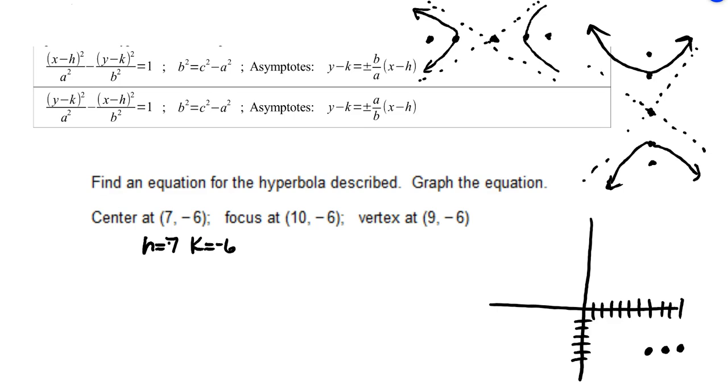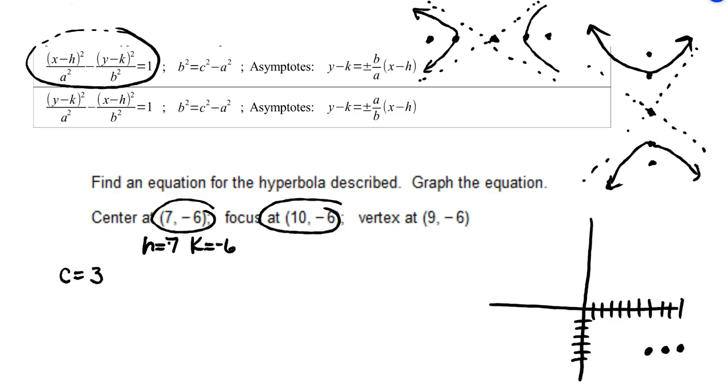So because our important features are lining up horizontally, we know that we're going to use the horizontal orientation of this. If we think about the distance between the center and the focus, that's a distance of 3 points. So c is 3. And then if we look at the distance between the center and the vertex, that's a distance of 2.